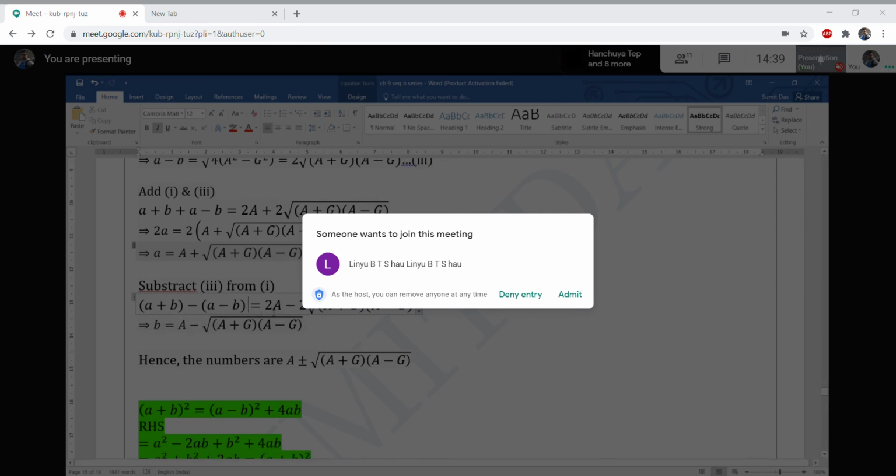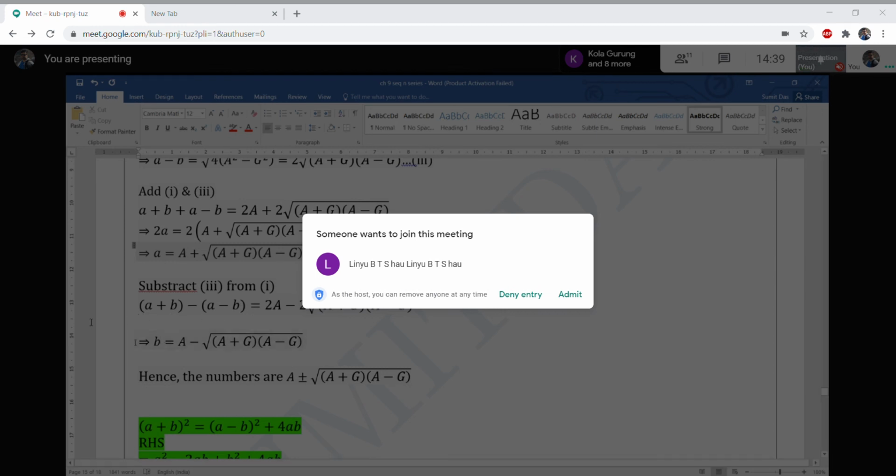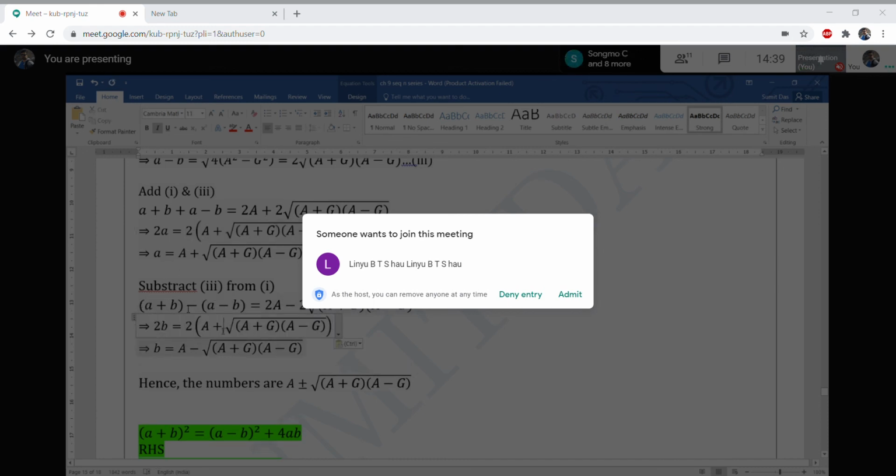Similarly, from both side 2 cancel, b will be equal to a minus square root of a plus g into a minus g.